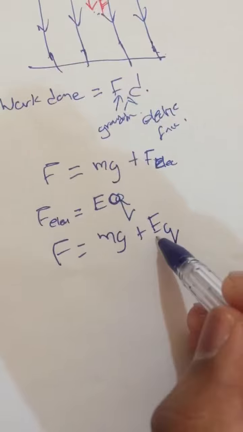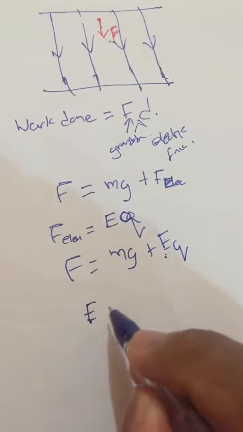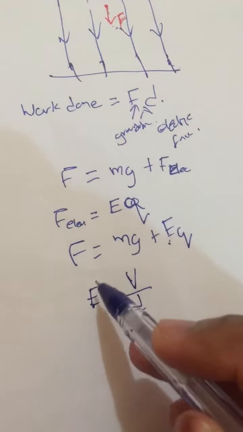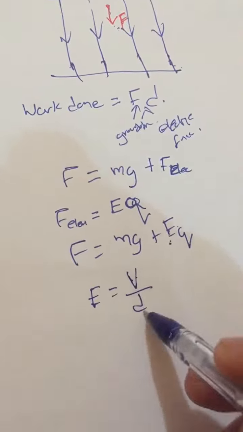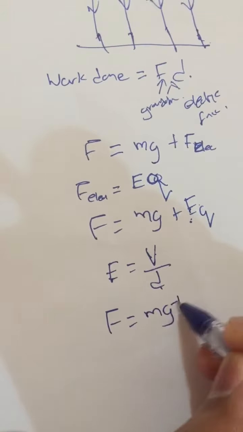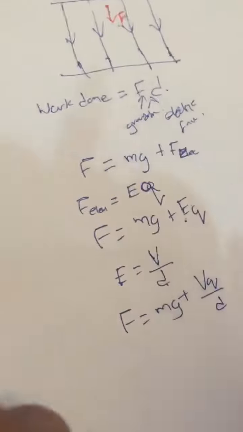The issue is not an issue, but we also have the equation E is equal to V over D. So instead of E, if I substitute V over D, I would have F is equal to mg plus Vq over d. So this is the resultant force acting on the object.